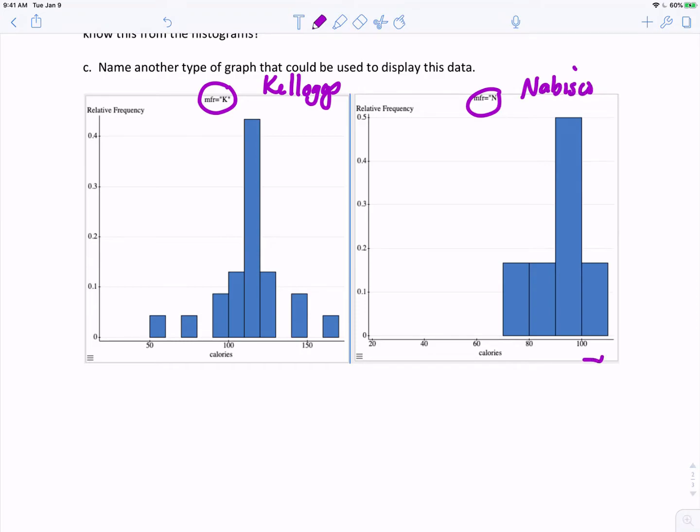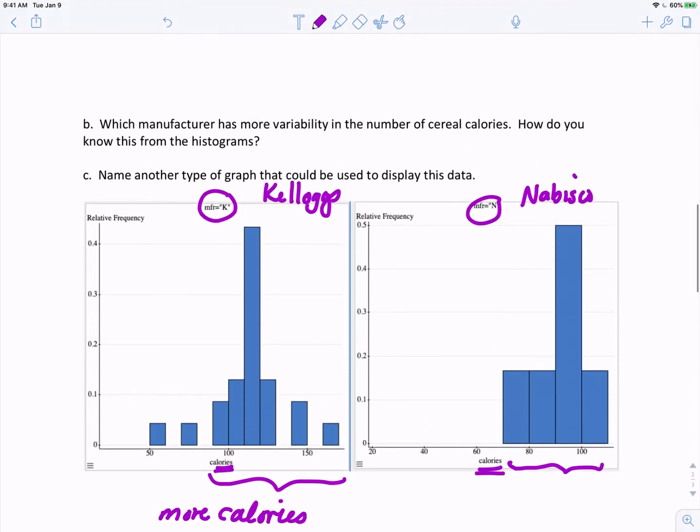And if you look at the Nabisco graph, it's mostly between 80 to 100, but if you look at the Kellogg's graph, it goes well past 100, and so Kellogg's contains more calories. And again, the way we know that is by looking at the numbers on the calories axis and noticing that the Kellogg's one has data much higher than the Nabisco one.